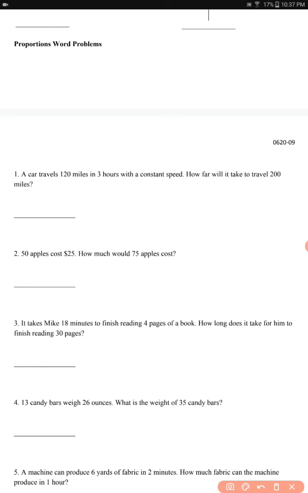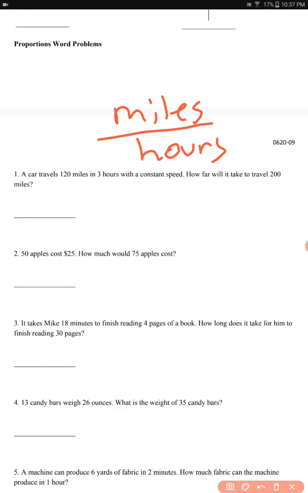Using this word problem here, we can set up two fractions and set them equal to each other. So, let me backtrack a little actually. We can make the fraction miles over hours.